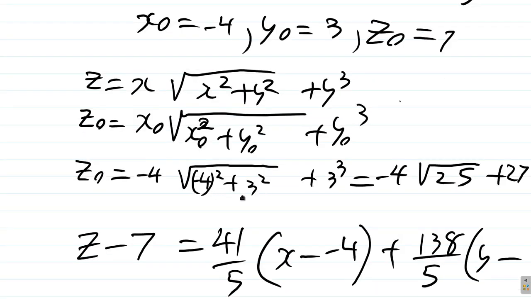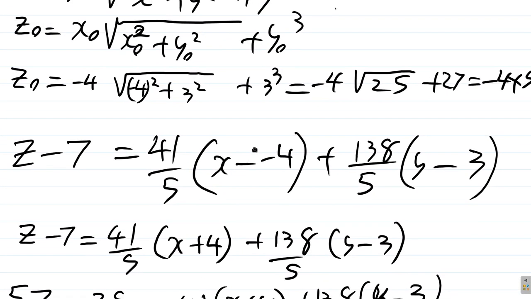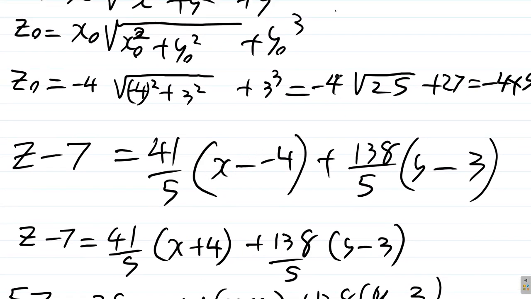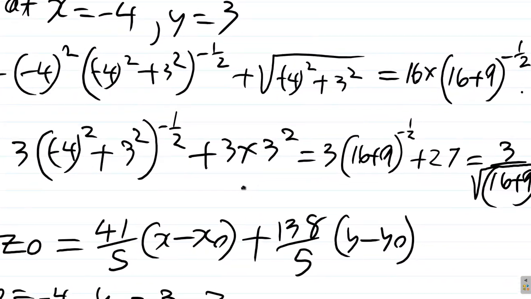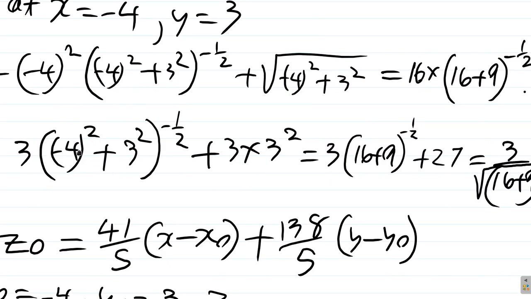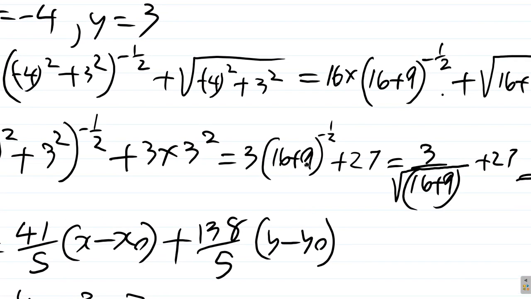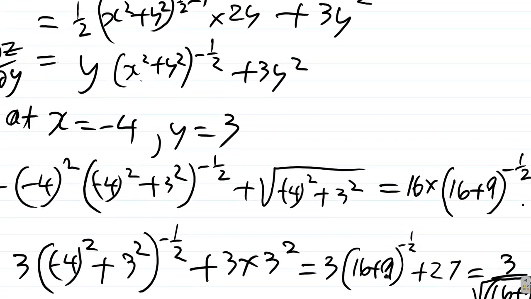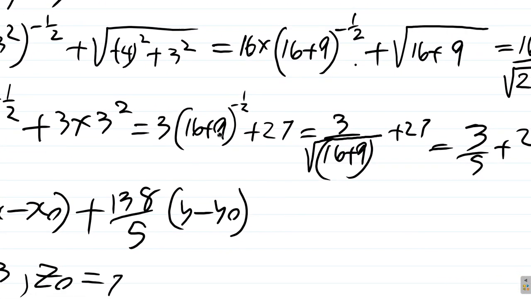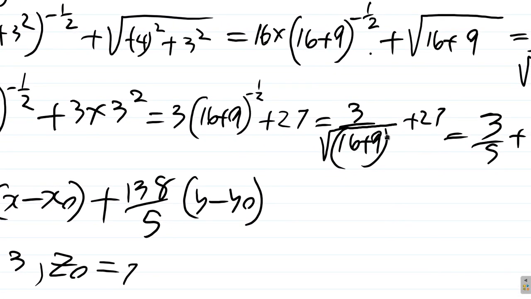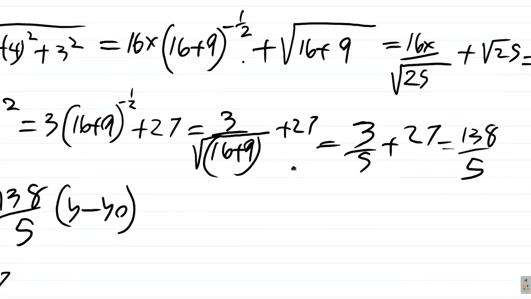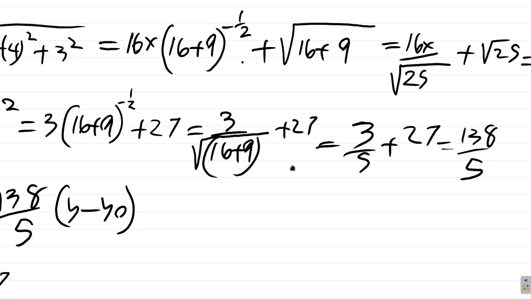So you put them in, and you put your values here. Just double checking everything: 3 times 16 plus 9 to the negative one half plus 3 times y squared. Y is 3, which is 9, and 3 is 27. 3 over 5 plus 27. Okay, so there you have that.